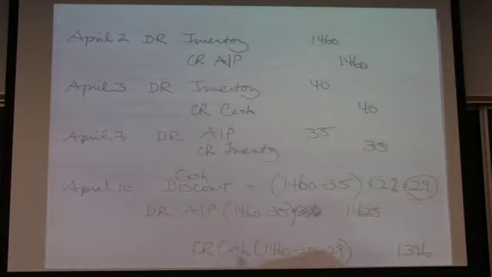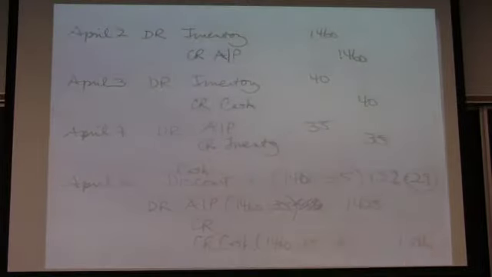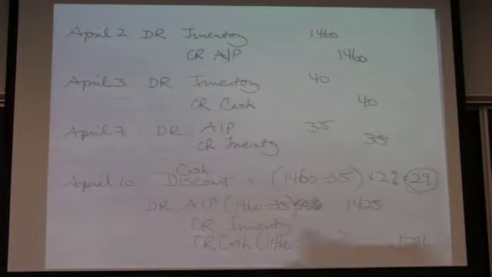And of course, we're going to credit inventory for the cash discount, because it's part of inventory. This allows us to reflect the lowest possible cost of that inventory, including the cash discount, and it allows us to reflect the cost of goods sold properly when we eventually sell it.